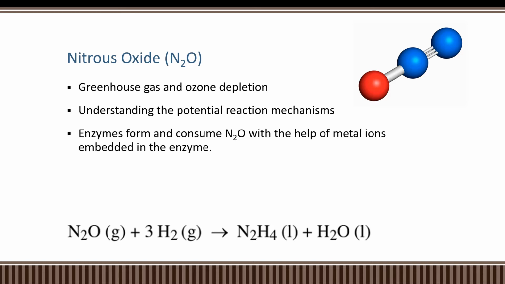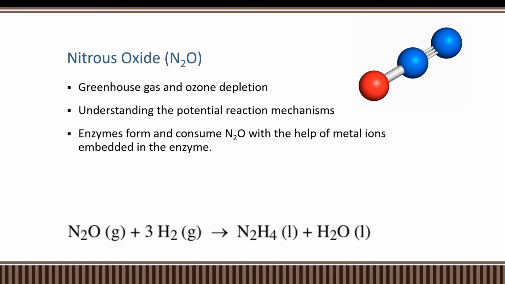Now, biology's answer is enzymes, which are natural catalysts, proteins that help to facilitate chemical reactions in the body. They form and consume N2O with the help of metal ions embedded in the enzyme.